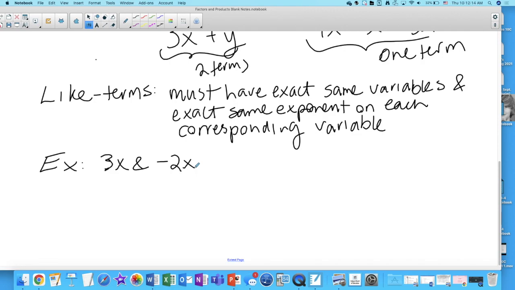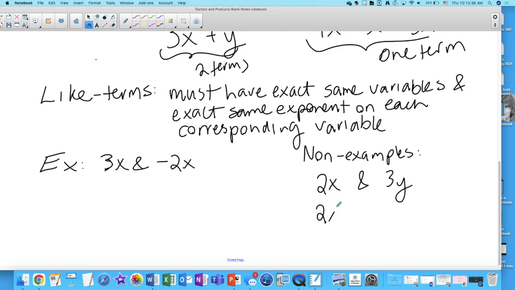Non-examples. 2x and 3y. Those are not like, because they have different variables. Okay. 2x cubed and negative 4x squared are not like.